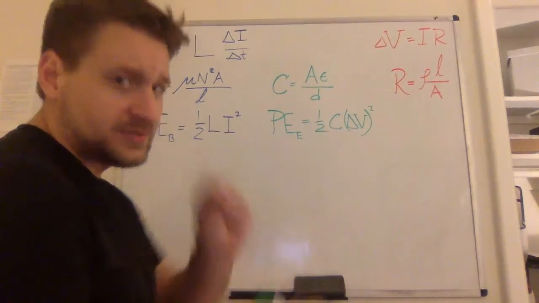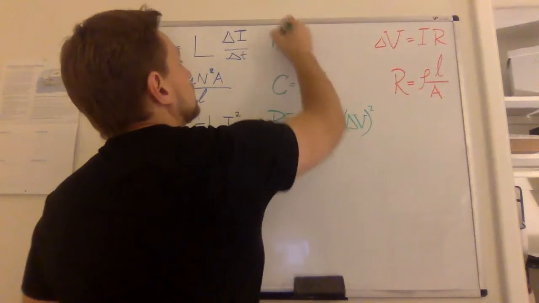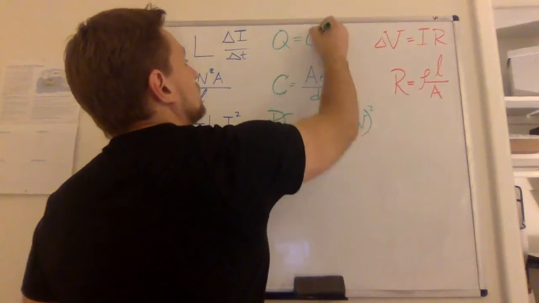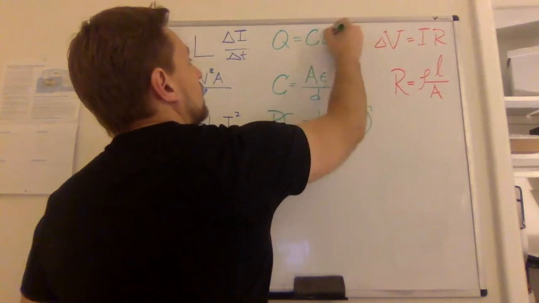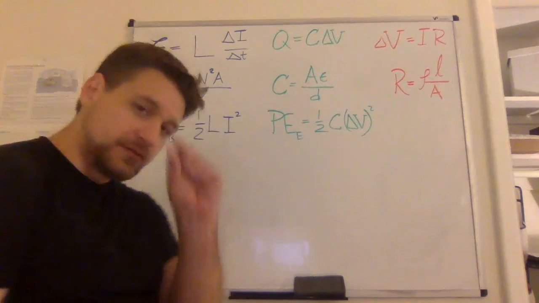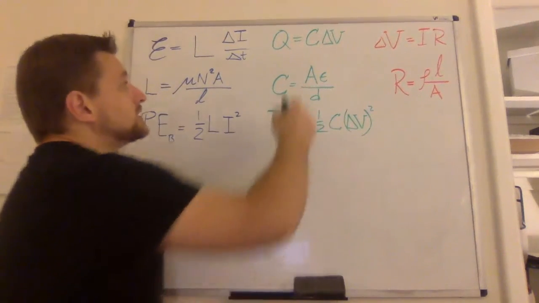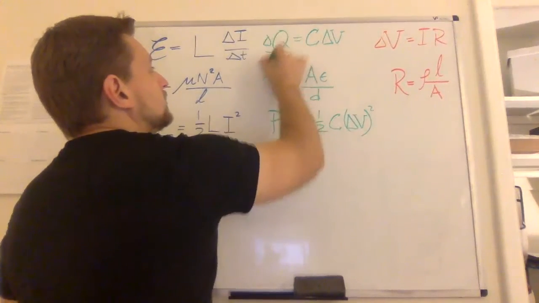I mean, it's a very little bit of work. Check it out. Q equals C delta V. We're this close. Let's talk about the rate at which Q is changing. So let's talk about a delta Q, delta T.